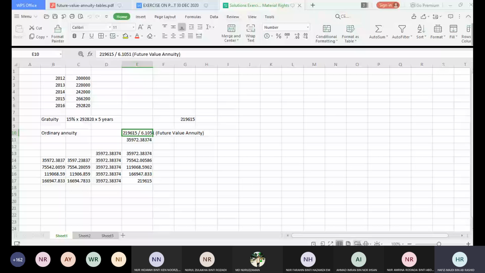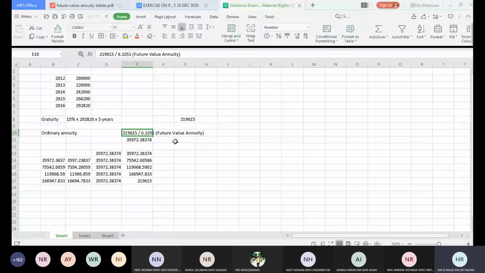Then you divide it by the factor which you derive from the table, 6.1051. That means the company needs to contribute every year 35,972.38. This is the answer.